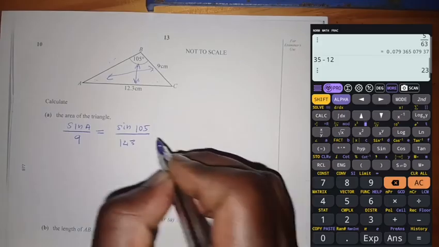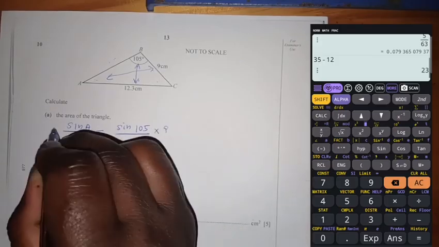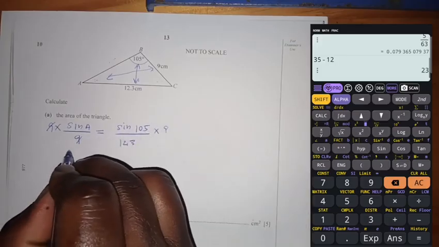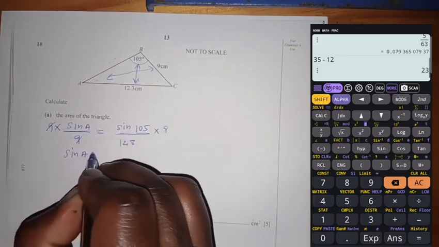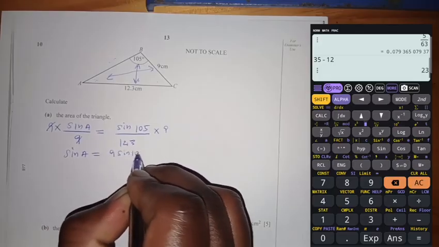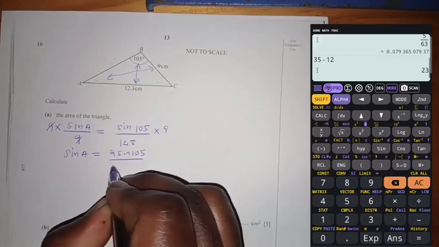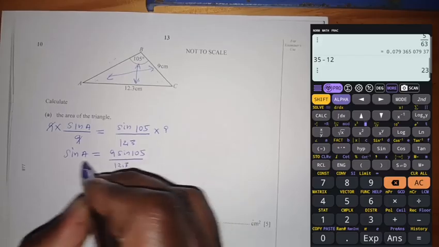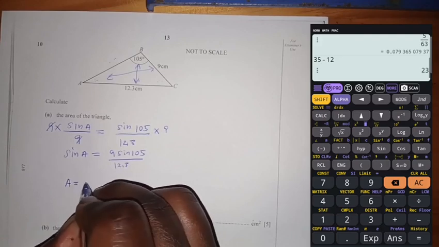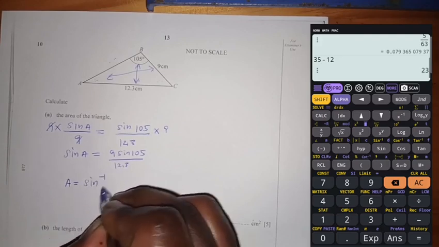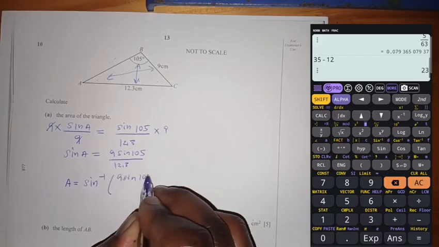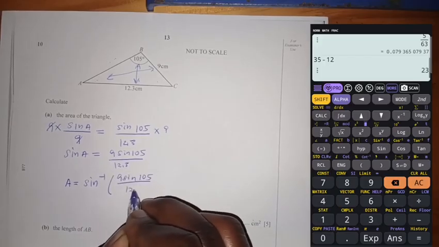From there, multiplied by 9 on both sides of the equation, so that this one is gone. Then you have your sine A is equals to 9 sine 105 over 12.3. Then that means that your A is equals to arc sine 9 sine 105 over 12.3.